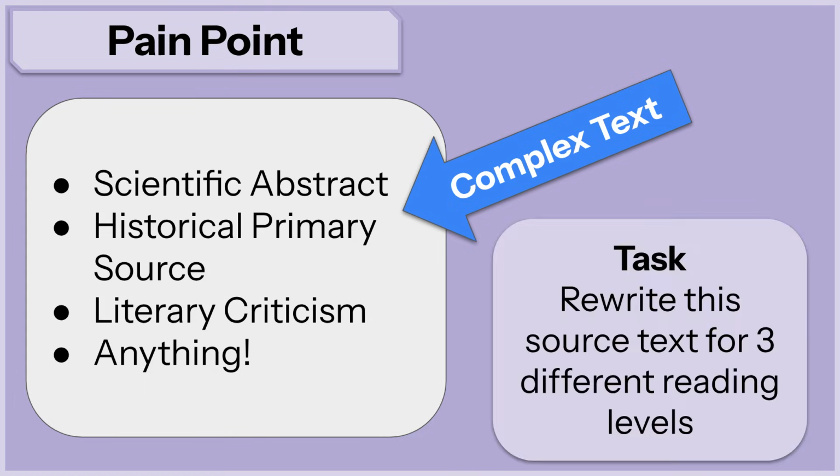But the challenge is always the same: to make this text accessible for foundational, standard, and advanced level. And I'd normally have to spend about 30 minutes manually rewriting and simplifying the syntax for three different versions. We know that providing these entry points is vital for student progress, but the sheer manual effort makes it hard to do consistently. This is where the simple task repeater changes the game.